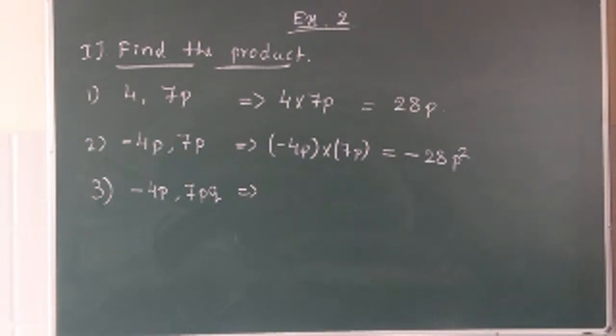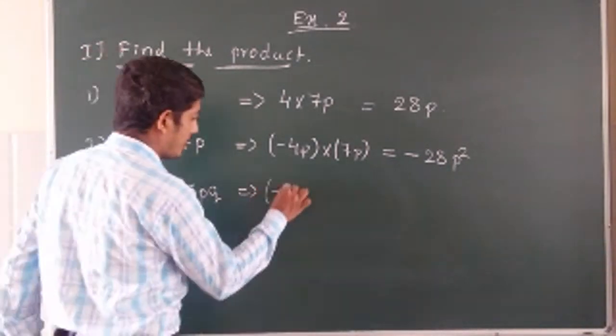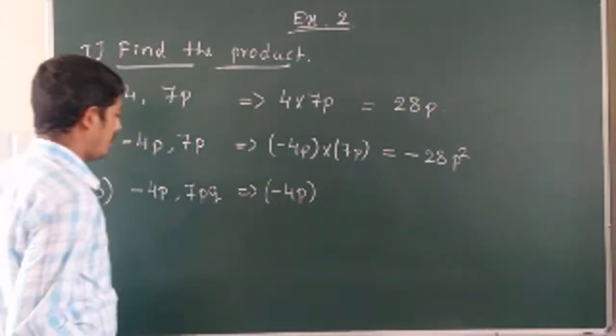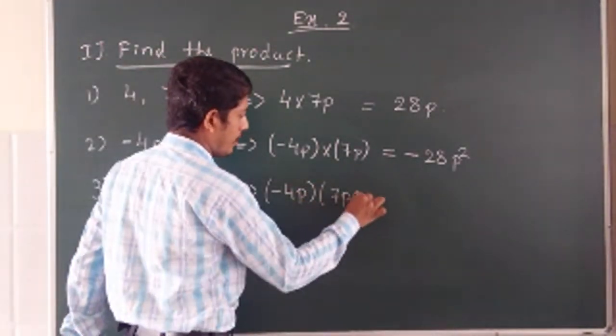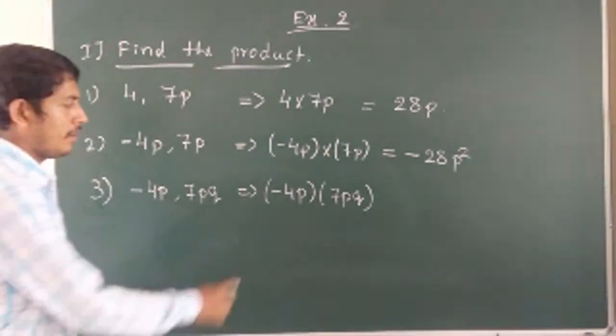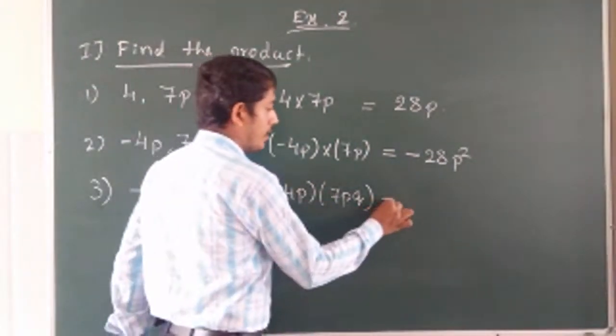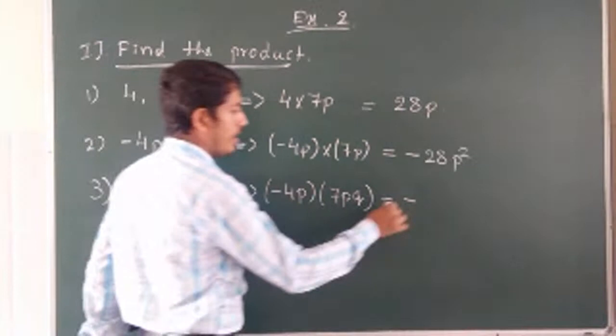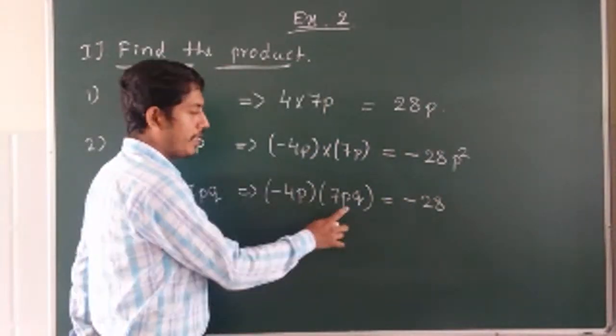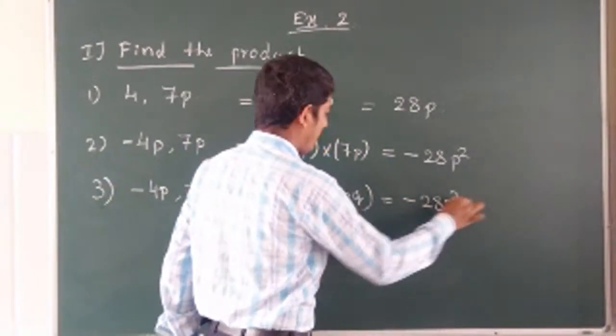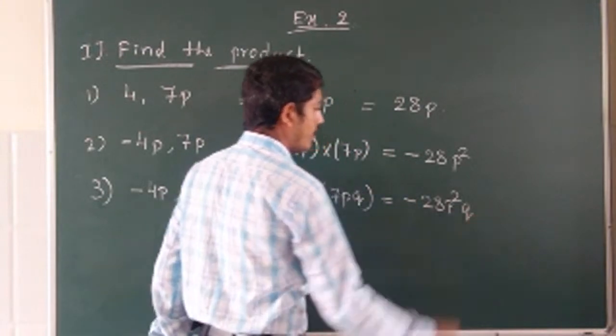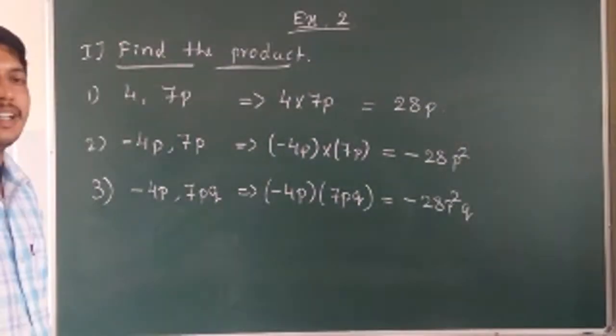So Fatima gave minus 28p cube and also Imam. Any other answers? So I'll write the terms in brackets, minus 4p into 7p square. Minus into plus, minus. 4 sevens are 28, p into p square, and there is only one single cube, that's why I write it directly.